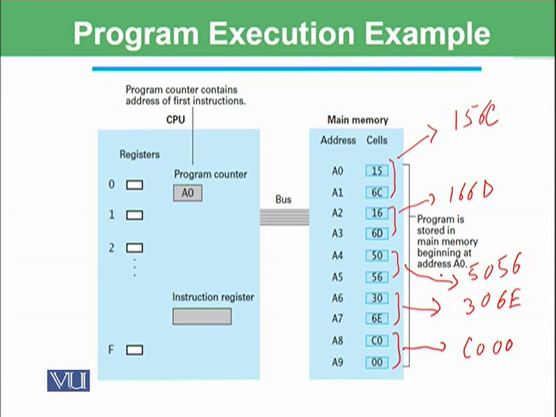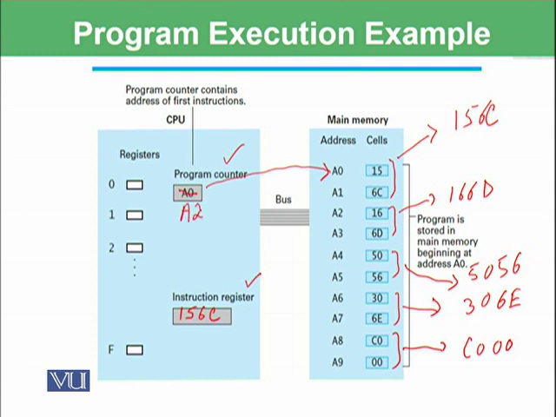As we mentioned, there are 2 special purpose registers, the program counter and the instruction register, and the program counter has the address of the first instruction, that is A0. You can see it is pointing to this first address. As soon as this instruction is fetched, in the instruction register we will have 156C. As soon as this is fetched, the content of the program counter will change from A0 to A2.